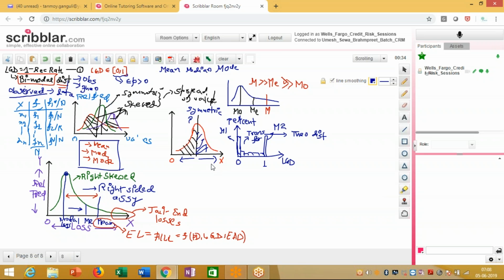If they are very similar, it means the type of observation on the left hand side and on the right hand side of the distribution is very homogeneous in nature. If an observation is homogeneous in nature, what it implies is that there are no outliers.